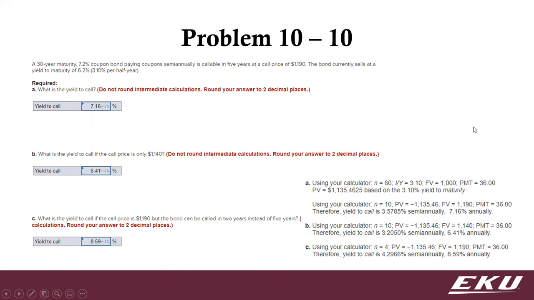There's no reason to do this type of calculation by hand, especially since we have calculators that are specially made for that. So just keep in mind these are semi-annual, which is normally how bonds will sell. So you just need to make sure you adjust your interest rate and your number of periods appropriately.